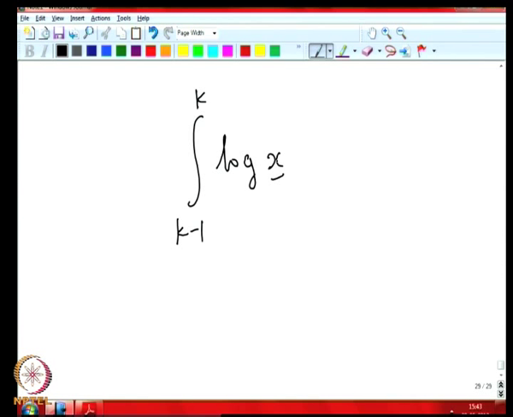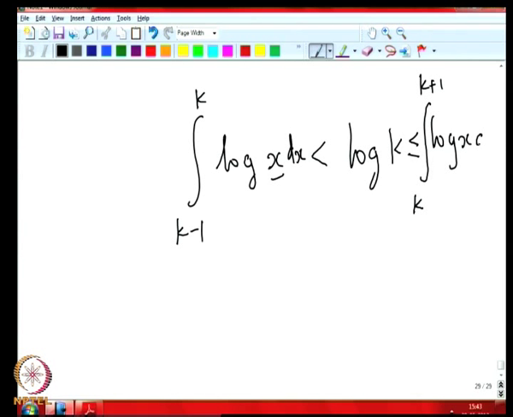Therefore, the integral from k minus 1 to k of log x is going to be less than log k, and that will be less than the integral from k to k plus 1, right, this will be correct.